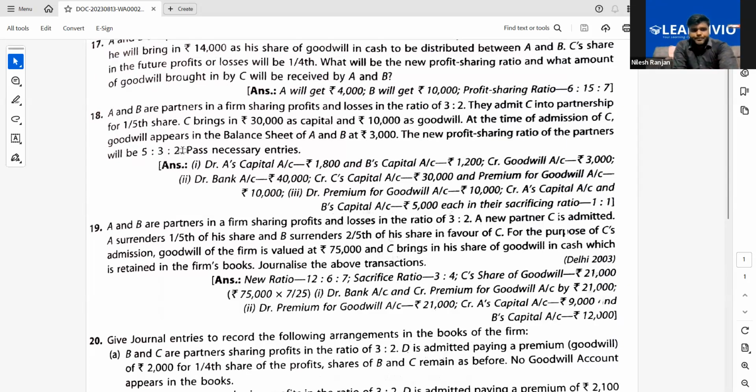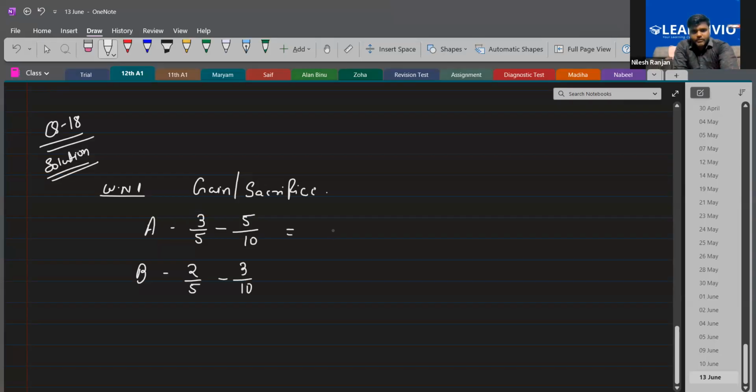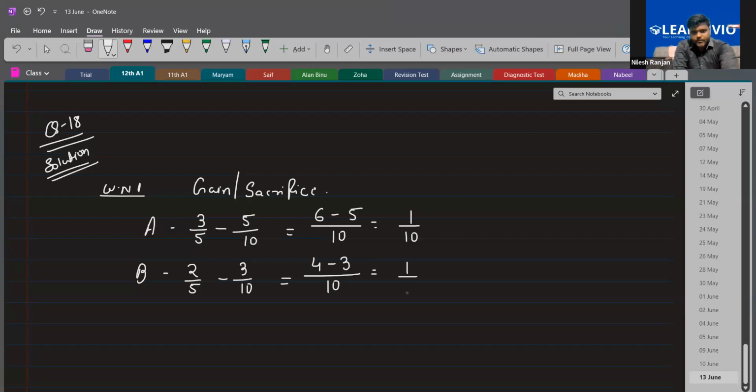So both partners A and B are sacrificing 1/10, 1/10.